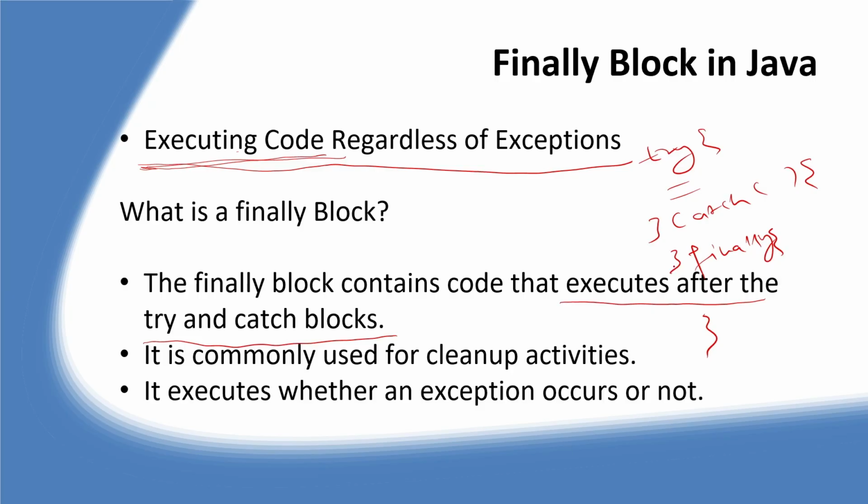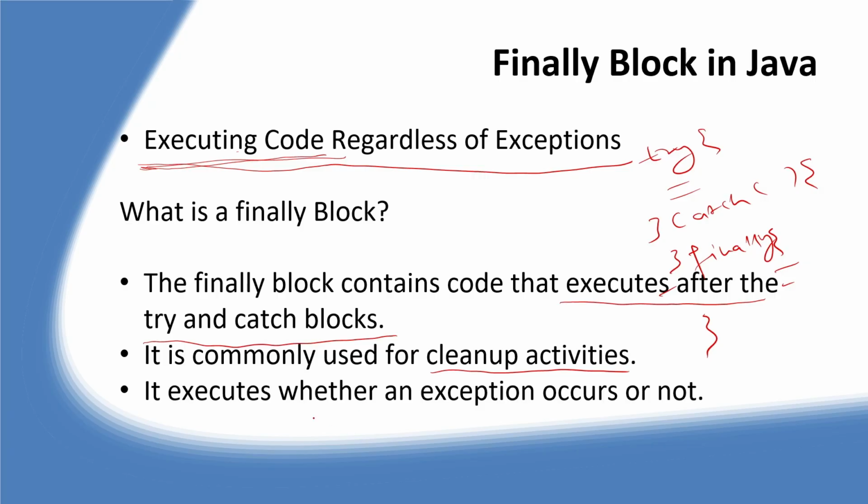The finally block contains code that should be executed after the try and catch block, and mostly it is used for cleanup activities. That means closing resources or closing a database connection. If you want to do some cleanup activities at the end of the program, we can provide them in the finally block.